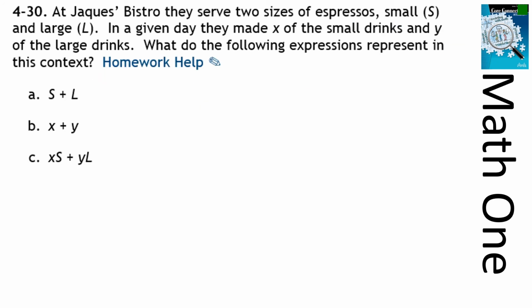At Jacques Bistro, they serve 2 sizes of espresso, small, denoted by S, and large, denoted by L. And I've got to say, before we move on, I think this problem was poorly designed.